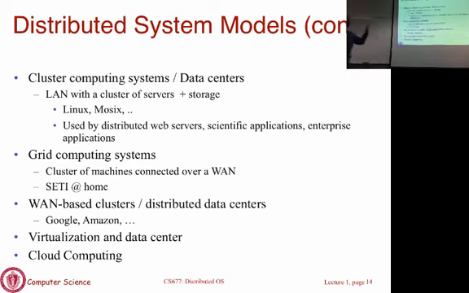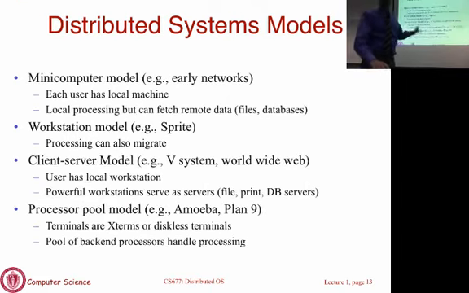Those models, the client-server model, the processor pool model, and the workstation model, have evolved in several new directions today. They are just variants of those models that I just put up previously. Cluster computing, as we have it today, is essentially a form of the processor pool model.